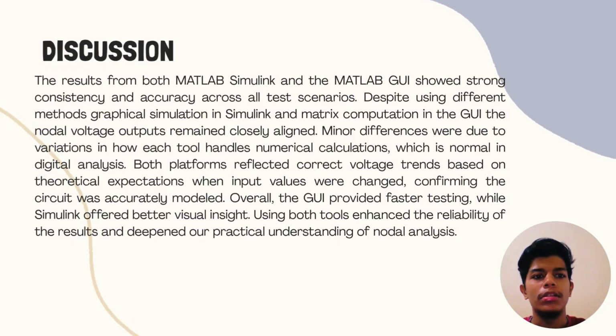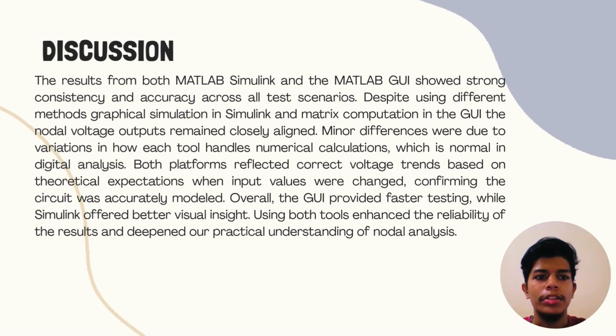In discussion, the results from both MATLAB Simulink and the MATLAB GUI were very consistent and accurate across all the test cases. Even though the two methods are different, with Simulink using graphical simulation and the GUI using matrix computation, the node voltages were closely matched. The small differences we saw were just due to how each platform handles numerical calculation, which is completely normal in digital systems.